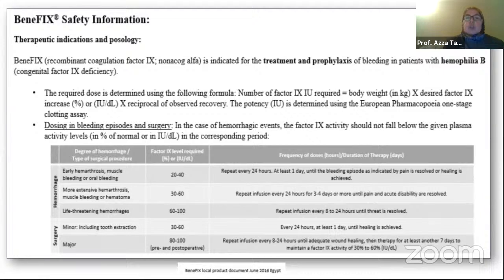And the monitoring, you can use the factor IX level by the one-stage clotting assay. And they have put recommendations, which is mostly they are in accordance with the World Federation of Hemophilia recommendations for the bleeding according to the severity and for the different surgeries. And it proved to be safe in different clinical trials.